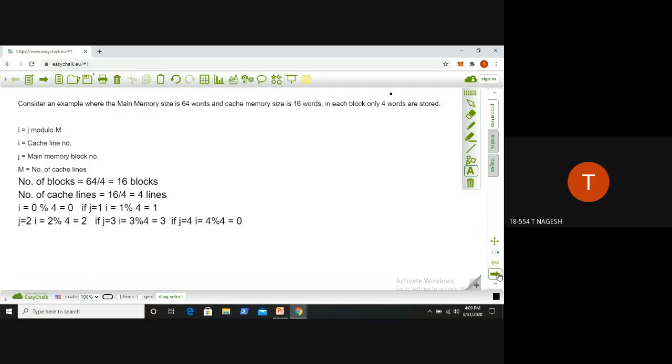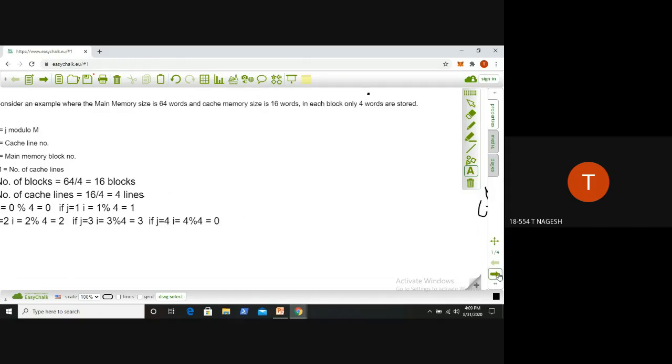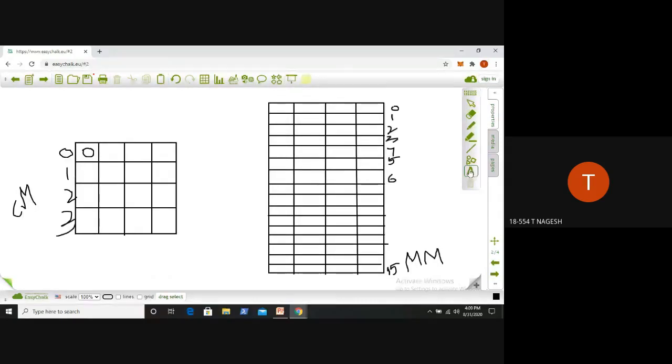That means I can simply write block number 1 in cache line number 1, block number 2 in cache line number 2, and block number 3 in cache line number 3.